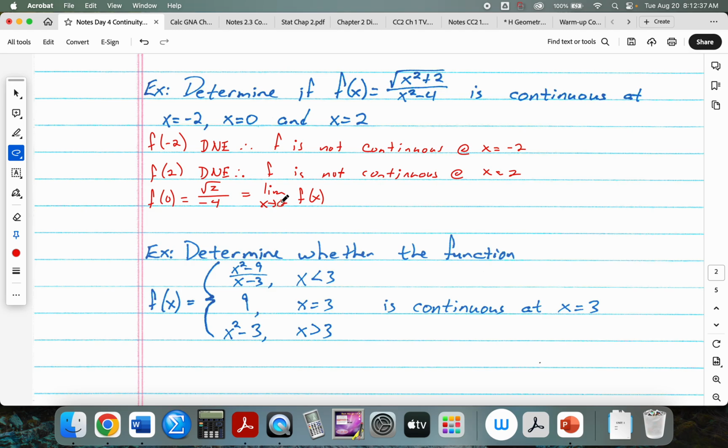Excuse me, approaches 0. My fault. Therefore, f is continuous at x equals 0.